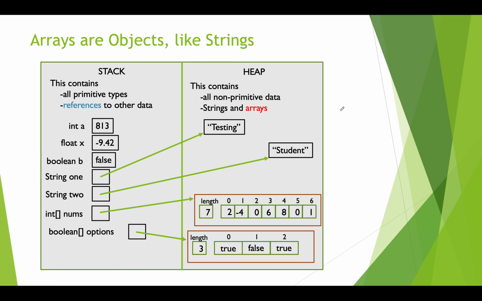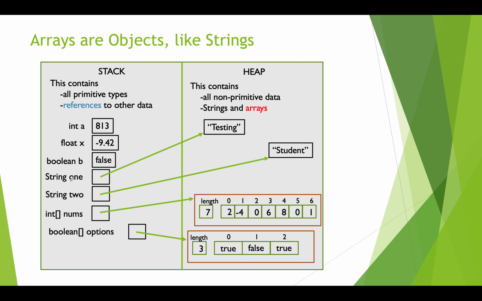Here's a visual of what's stored on the stack and what's stored on the heap. This is a refresher on the other types of data that we've looked at. The stack contains all the primitive types. So we've got int a and its value, float x and its value, boolean b and its value. And then it contains references to other data.